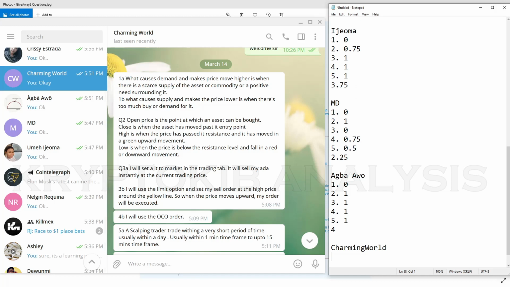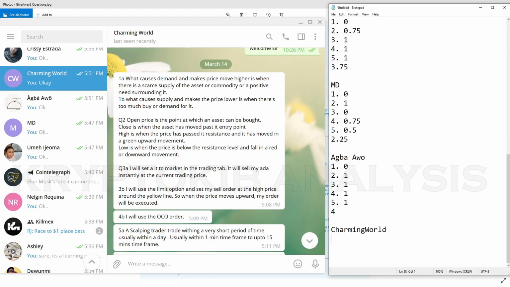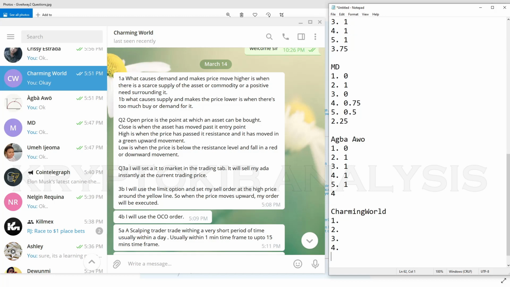What causes supply and makes the price lower is when there is too much buy. That's very, very wrong. So what do we do? Okay.